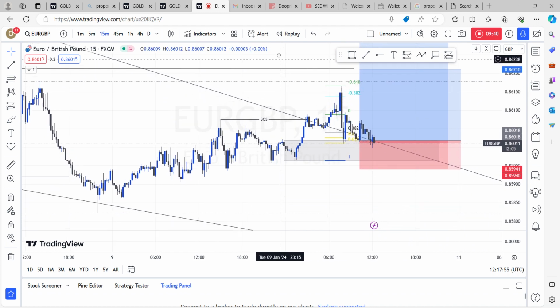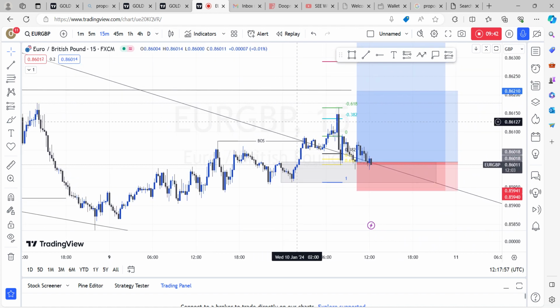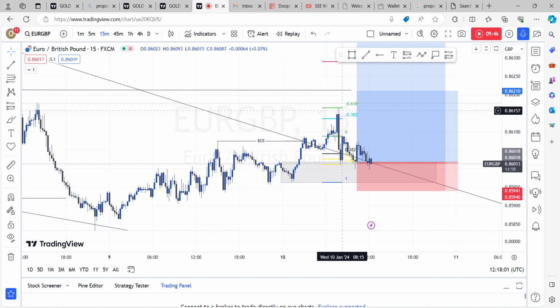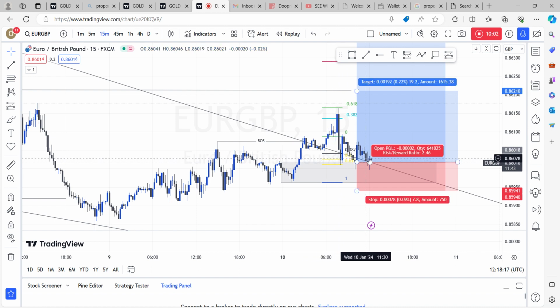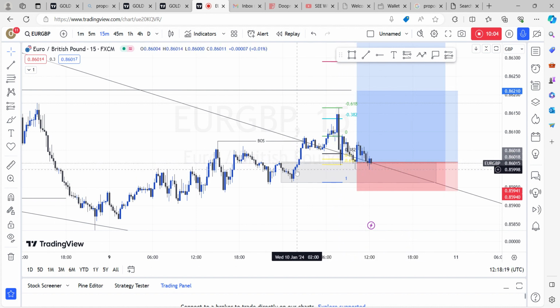So with the help of our Fibonacci retracement that I sketched from this very low to the upside, we were able to get an entry at this yellow zone of the Fibonacci. So that's why I got my entry here.